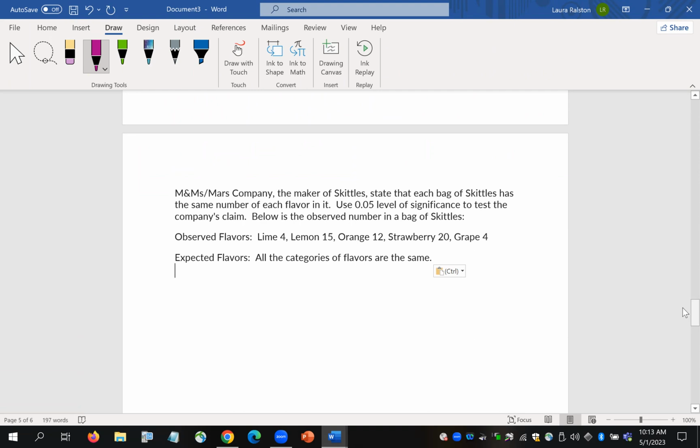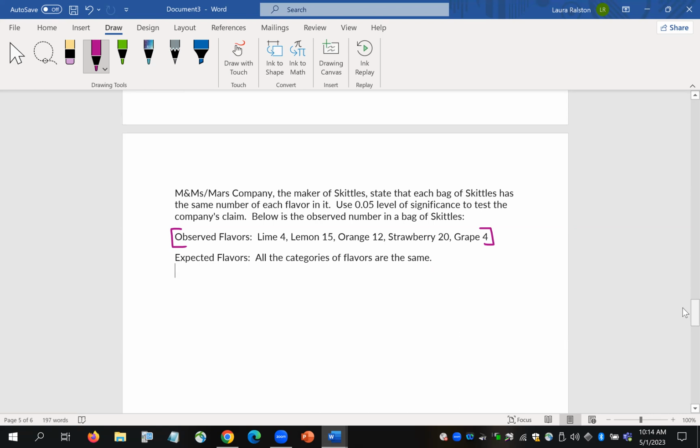Use a 0.05 level of significance to test the company's claim. Below is the observed number in a bag of Skittles. Now, a couple of things that could throw you off in this scenario is your data, which are your observed flavors, are not presented as a categorical frequency distribution. It's not set up as a nice little table.